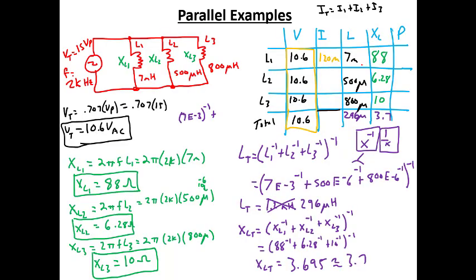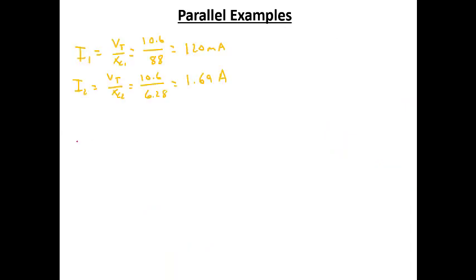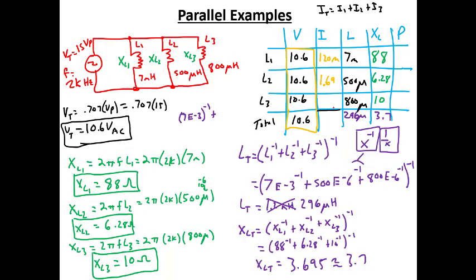We'll write that in, 1.69. And then the next one, I3 is V total divided by X sub L3. So we have 10.6 divided by 10, and that's going to be 1.06 amps. So we'll put that in here, 1.06.